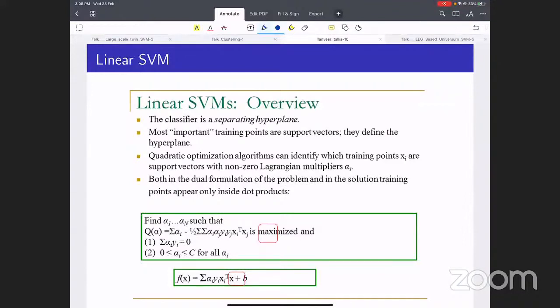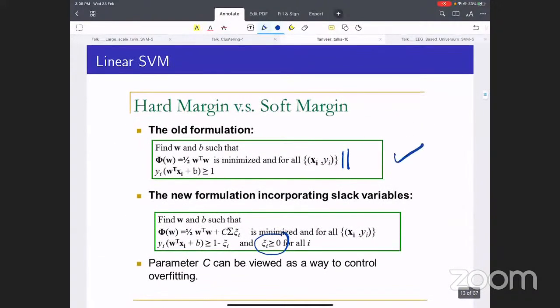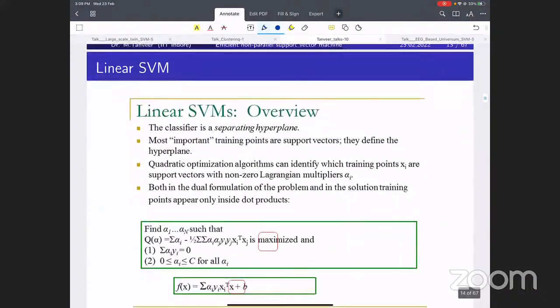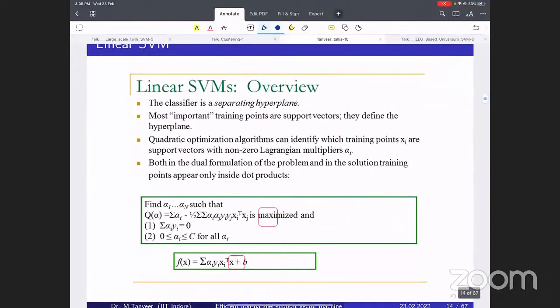When we solve this formulation or this formulation, depending on the kind of formulation, and we find its dual, it comes out like this. One observation here: xi are the training data points, and you can see that this appears in the form of an inner product, xi transpose x.